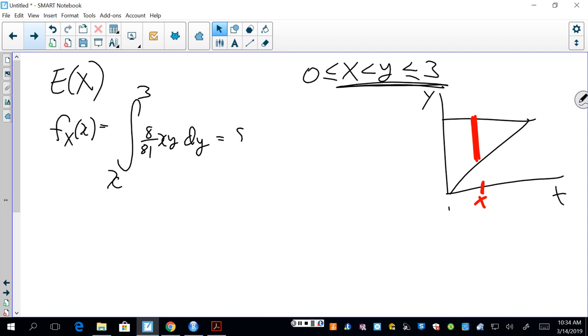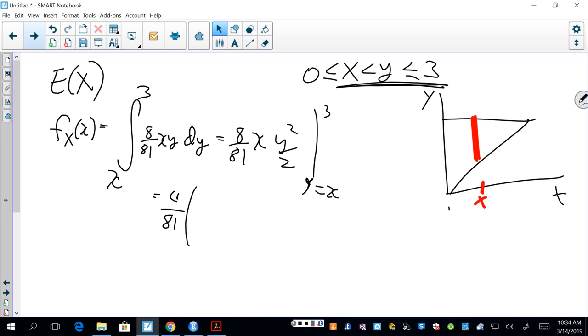So 8 over 81 x, then y squared over 2, and y goes from the lower point x to the upper point 3. We're going to get rid of one of that 2 there. And so when y is 3, we're going to get 9x. And when y equals x, we're going to get x cubed.